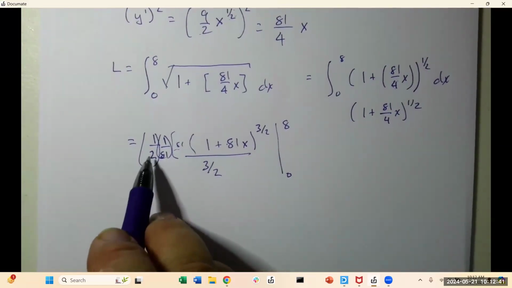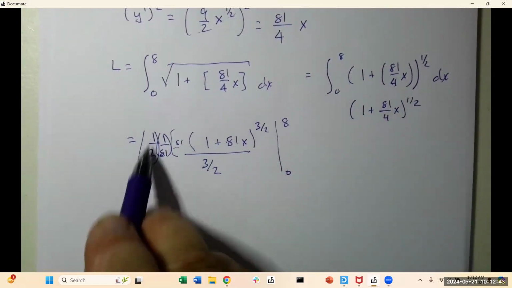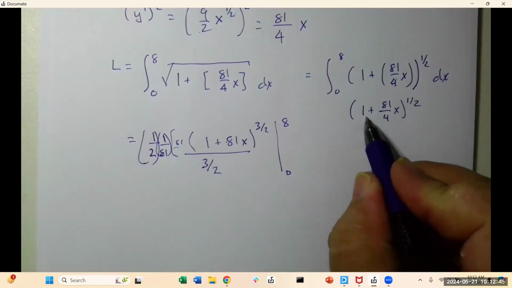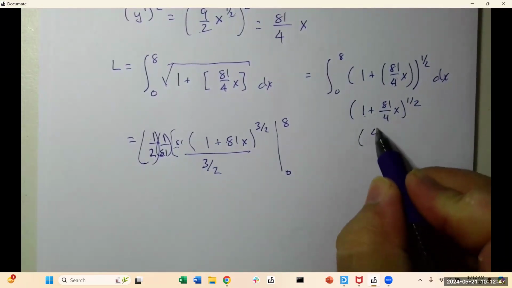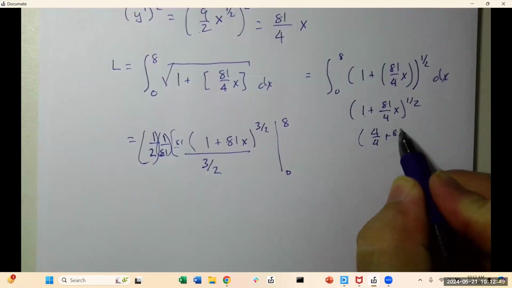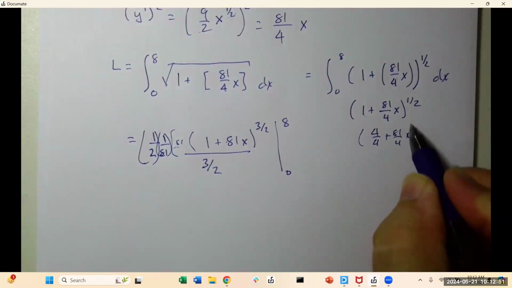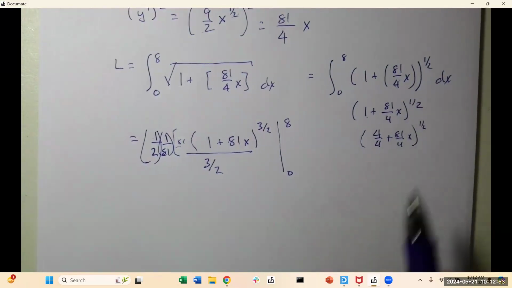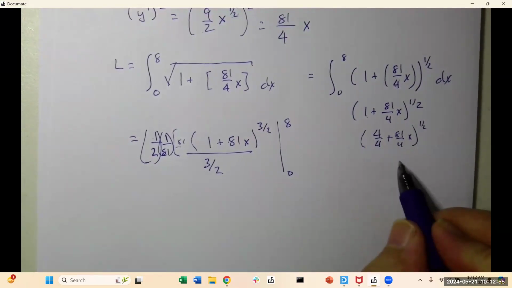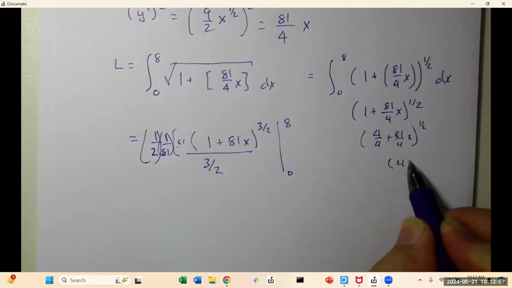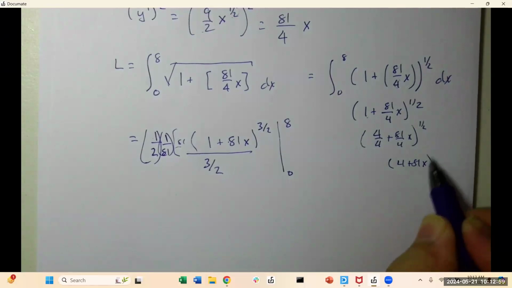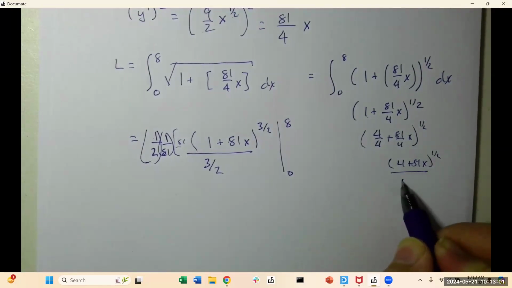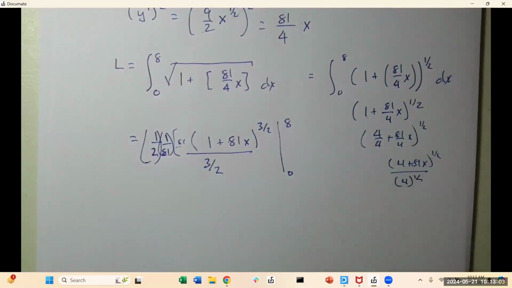Well, for this 1/2, we get a common denominator: 4 over 4 plus 81 over 4x. So this is 4 plus 81x, over 4, to the power 1/2.